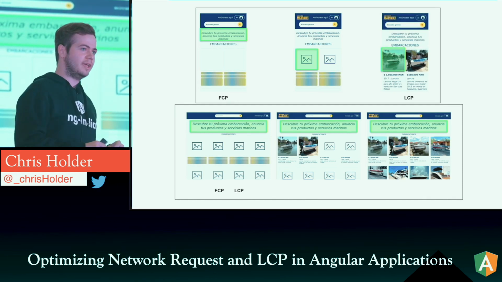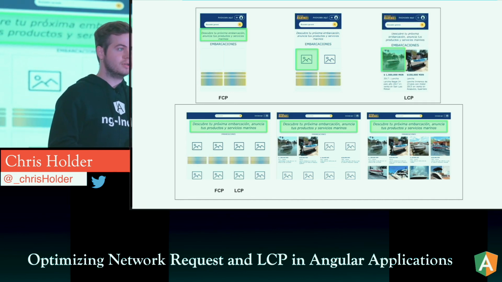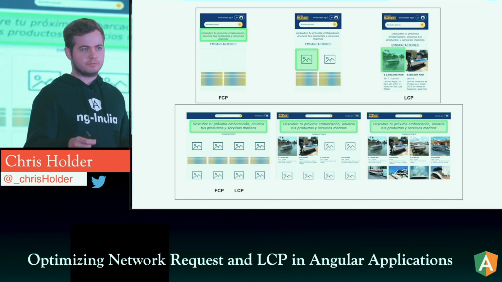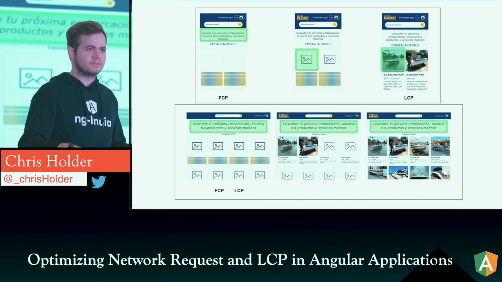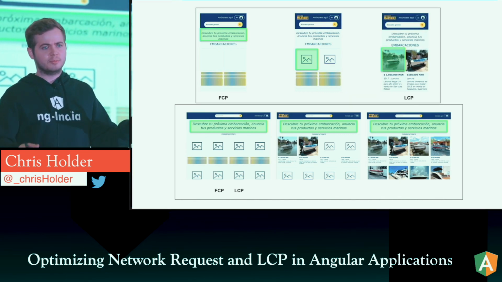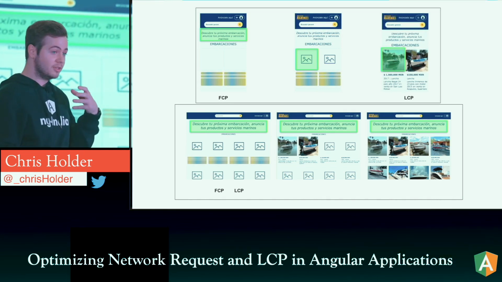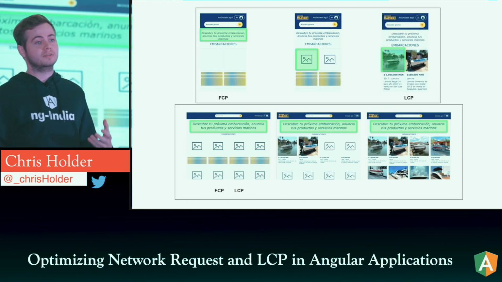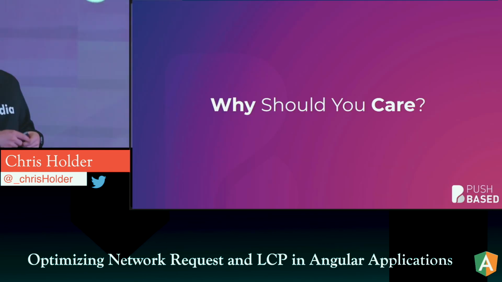That is for a mobile device though. For a desktop, it'll just register the banner, the hero text. And I don't think that is the most useful piece of content. So when I'm talking about optimizing LCP, I don't mean the hero text. I mean the main piece of content that is actually valuable for your application and for your users.